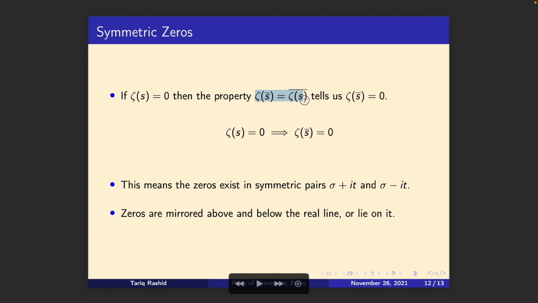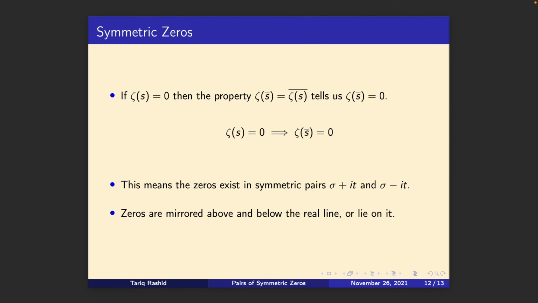That was kind of obvious from that property anyway, and you might have spotted that early on, but if you didn't, that's okay. So let's just repeat that. That property tells us that if it's 0 at some s, it is also 0 at s bar. So the zeros exist in symmetric pairs at sigma plus it and sigma minus it, and if t is 0, then they exist on the real line.